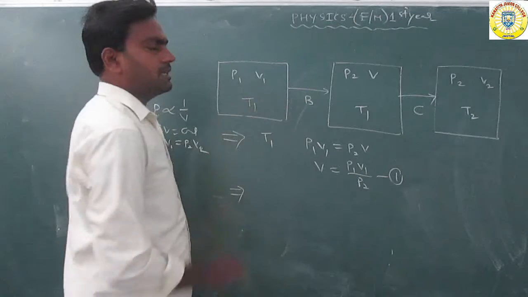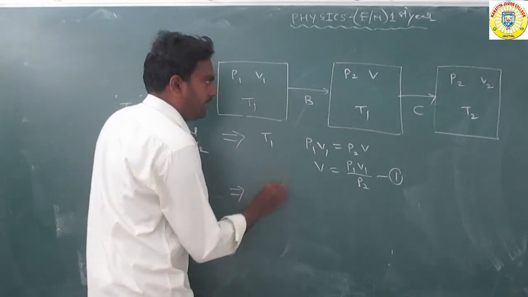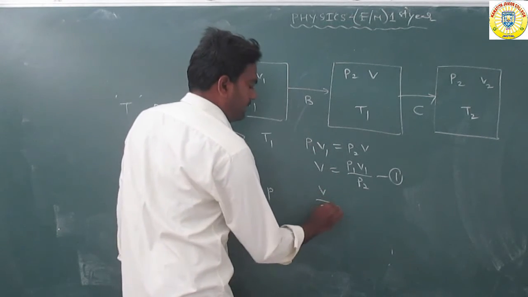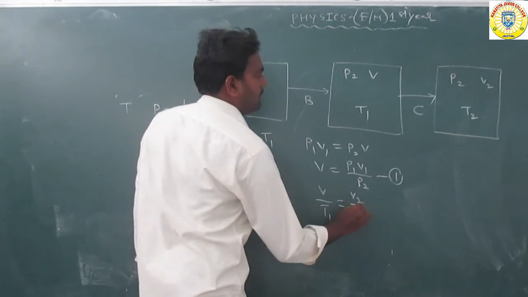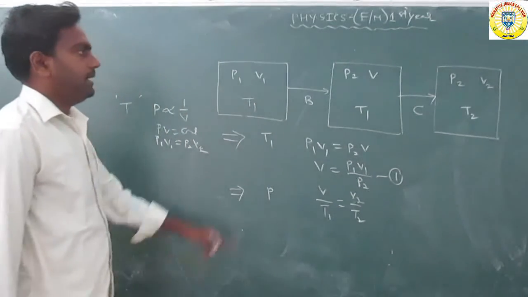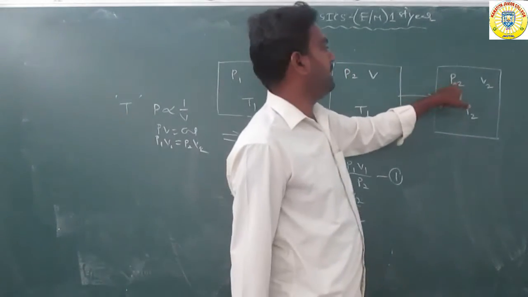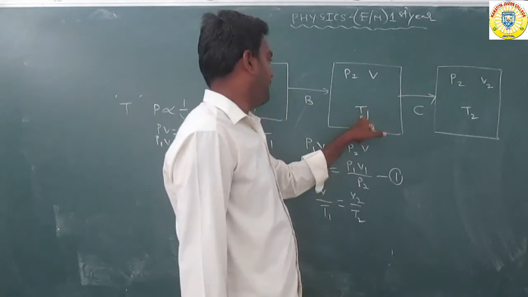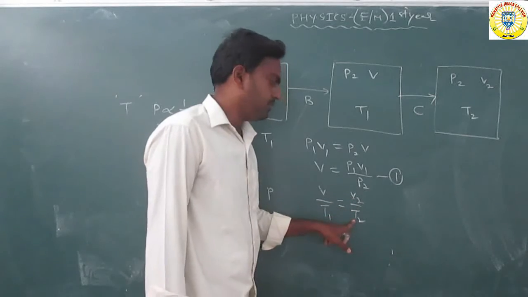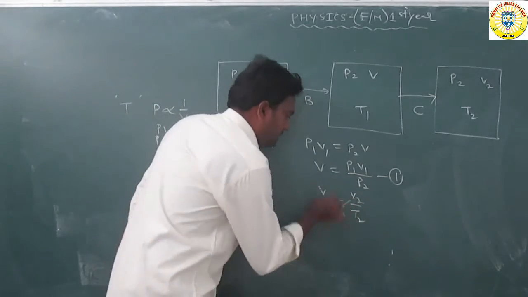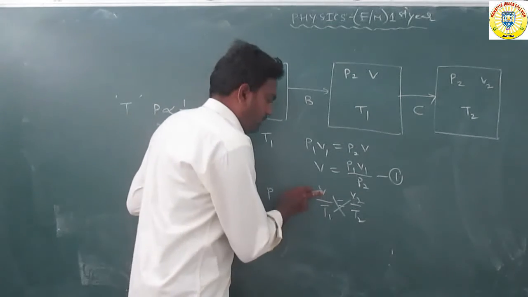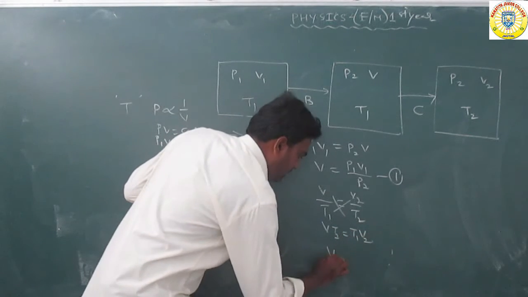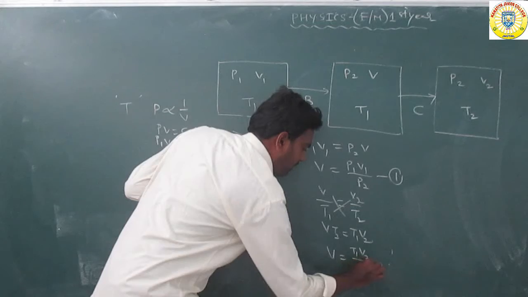At a constant pressure we can write the equation V by T1 is equal to V2 by T2, where V is converted to V2 and T1 is converted to T2. Cross multiplying, V T2 is equal to T1 V2, so V is equal to T1 V2 by T2.